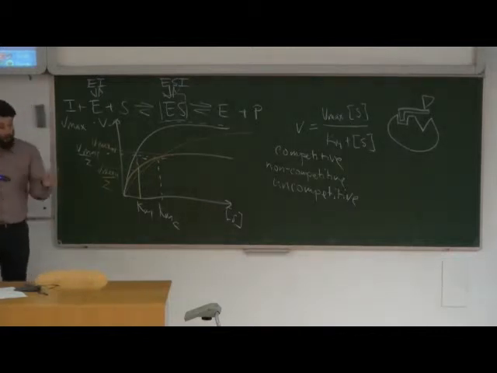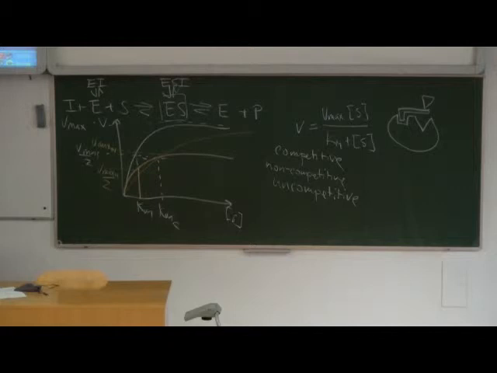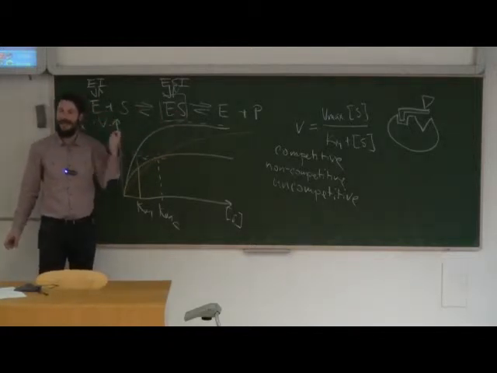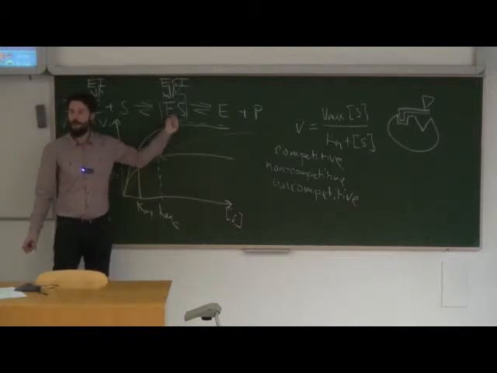It's true that Km is going to go down. It's going to decrease, which means that the apparent affinity of the enzyme is going to increase. Why is that? Remember that I said that we can imagine Km, or the affinity, as being the probability of the formation of the ES complex.